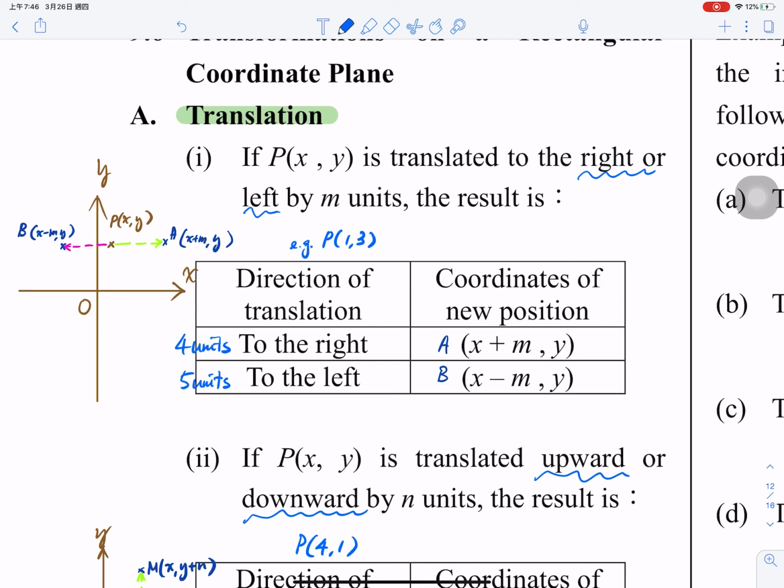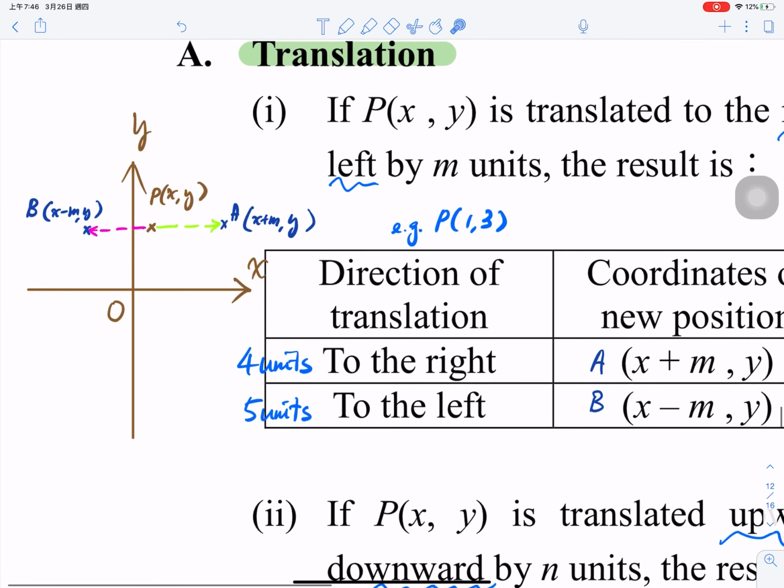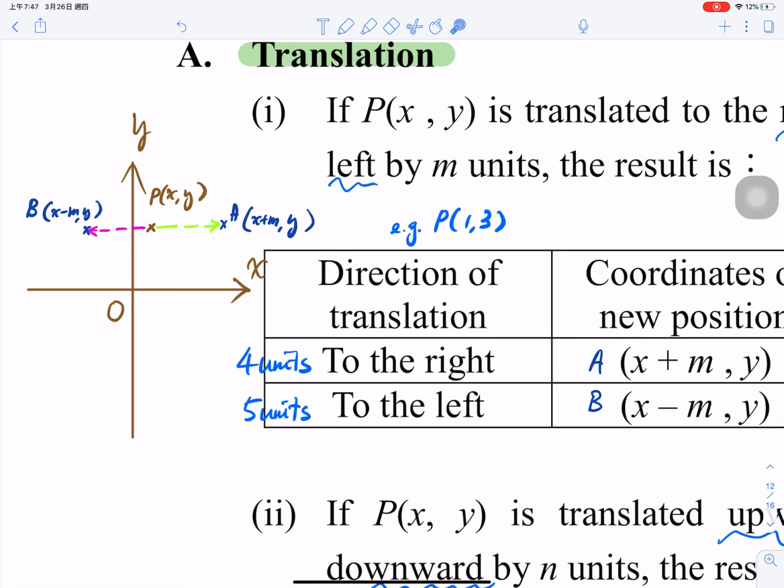And have a look, the first one. If point P, now point P(x, y), is translated to the right or left by m units. Okay, so see here, I draw the figure, and here's m units.